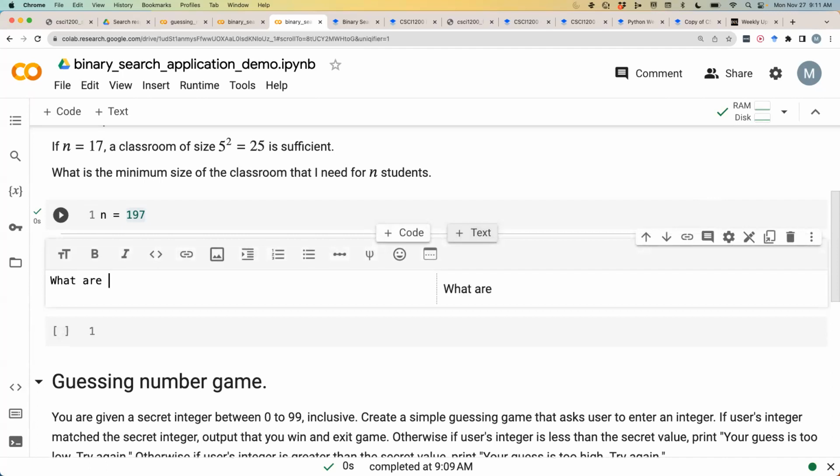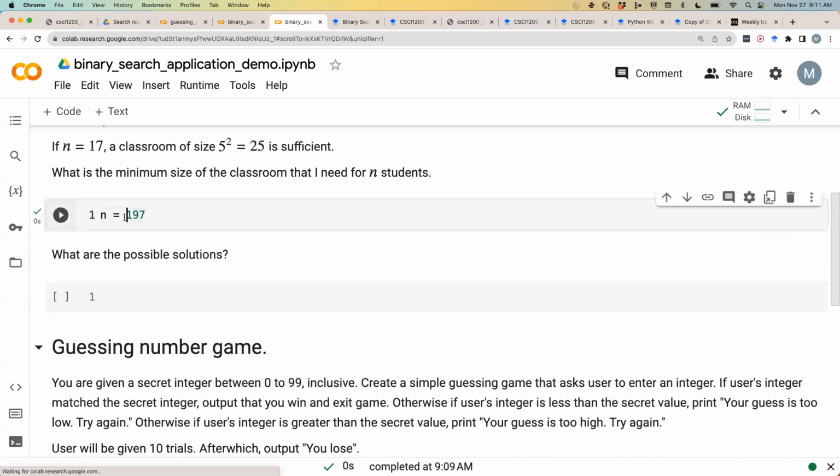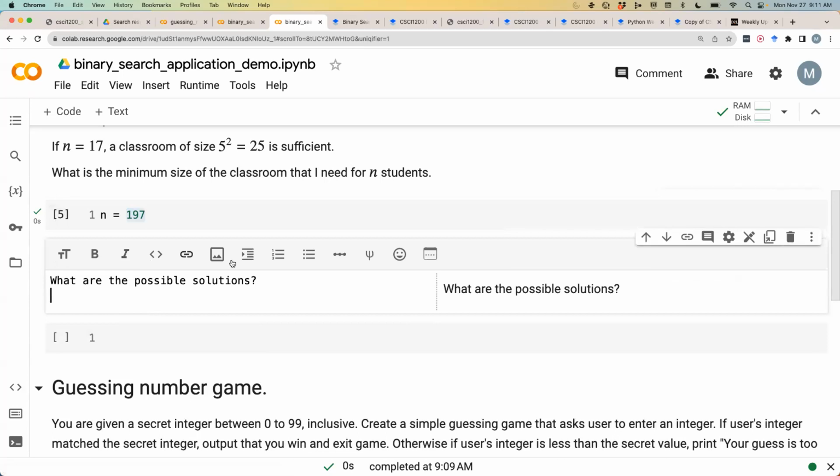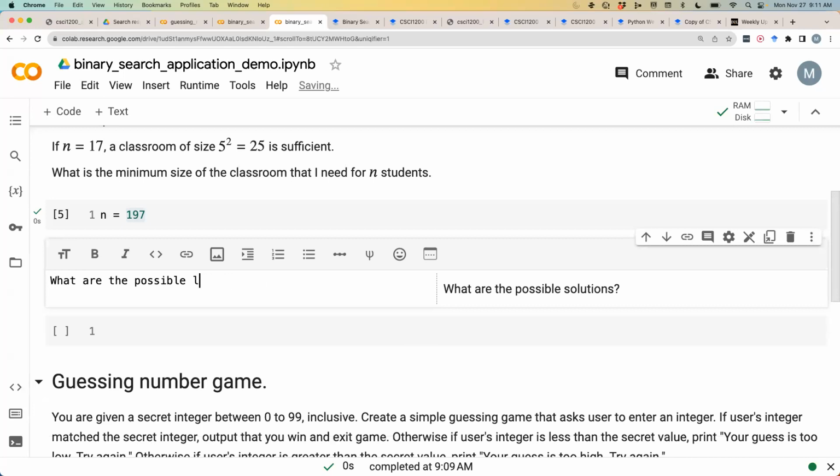So instead of saying that I need a calculator, let's start with what the possible solutions are. What are the possible lengths such that the square of this length can accommodate 197 students?